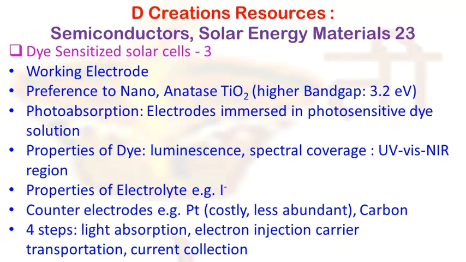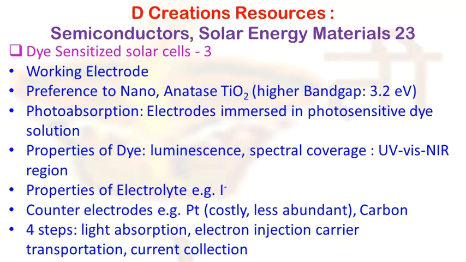Now what about the electrolyte? What properties should it have? Well, the redox couple in it should be able to regenerate the oxidized dye efficiently. It should have long-term chemical, thermal and electrochemical stability, of course. It should be non-corrosive with the DSSC components, and it should be able to permit fast diffusion of charge carriers, enhance conductivity and create effective contact between the working and counter electrodes.